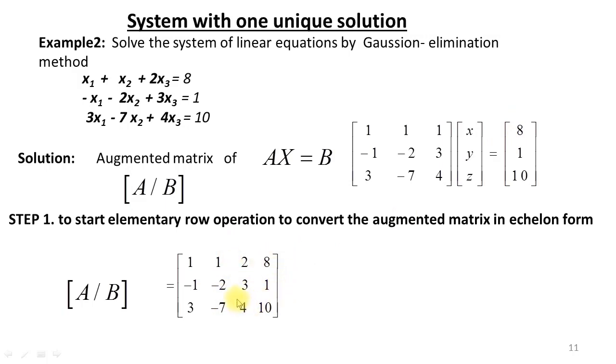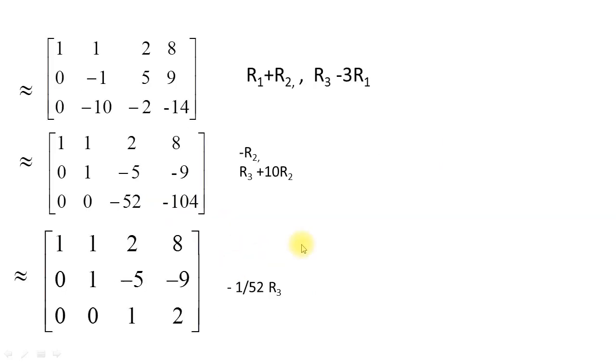Now for the solution of the system by the Gaussian elimination method, convert this augmented matrix to row echelon form using elementary row operations. So add the first row to R2, and subtract 3 times R1 from R3.